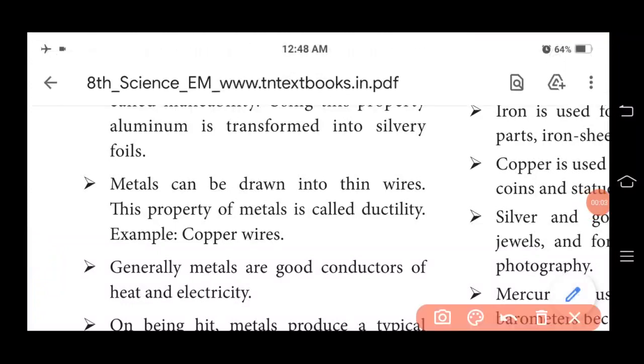Example, copper wire. For electrical purposes we use copper wires drawn into thin wires, and also for making ornaments we use gold wires. So this property of metals of being drawn into thin wires is called ductility.